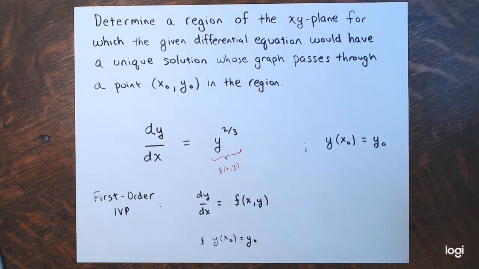And then let me state the theorem for you. I'll actually pull it up from a website here. This is the theorem about over what kind of region a unique solution will exist for a first order initial value problem.